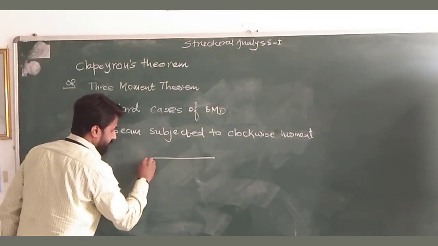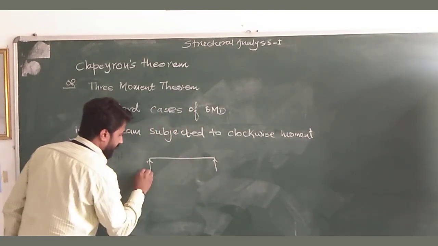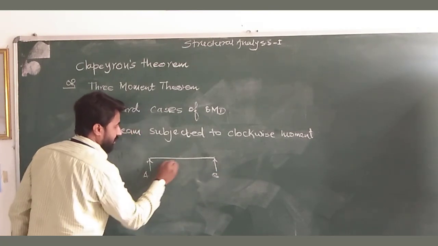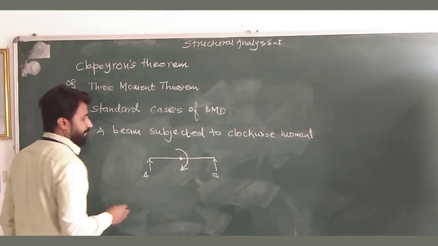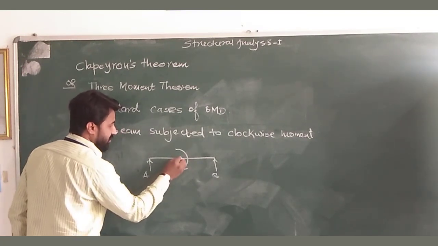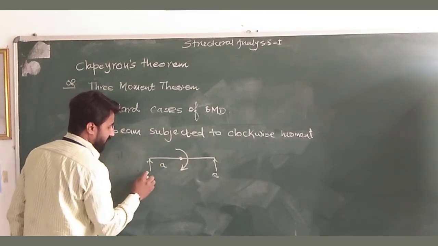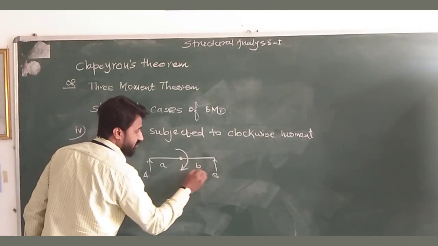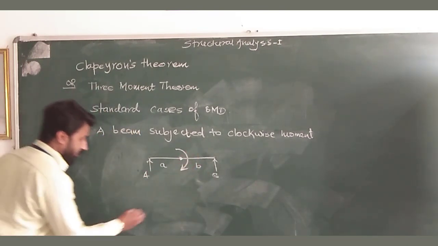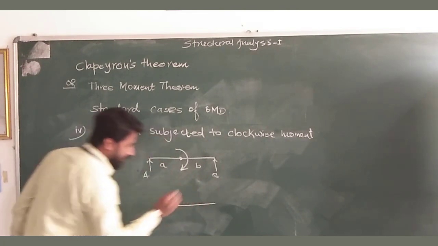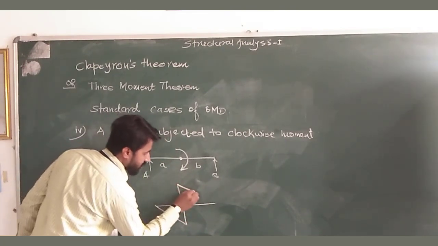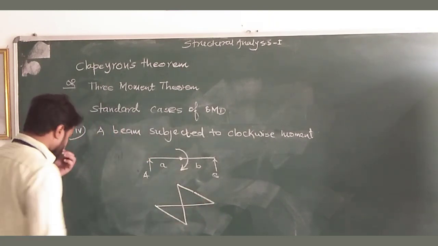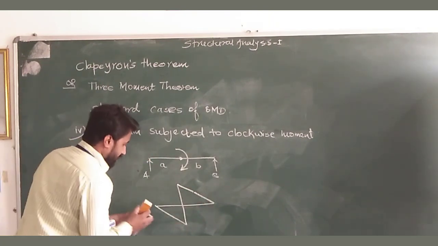The beam AB is having a clockwise moment, which is situated at distance a from A support and distance b from B support. So the moment diagram will be drawn like this. This is which I have drawn.